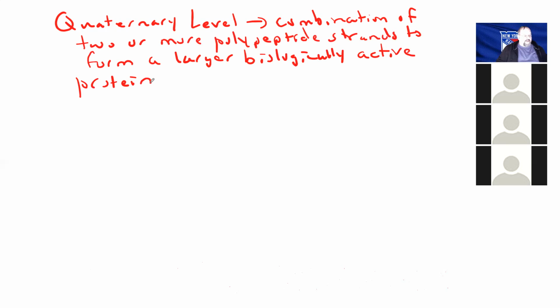So again, in order to have this level of protein structure, you essentially have to have two or more polypeptide strands that are present.